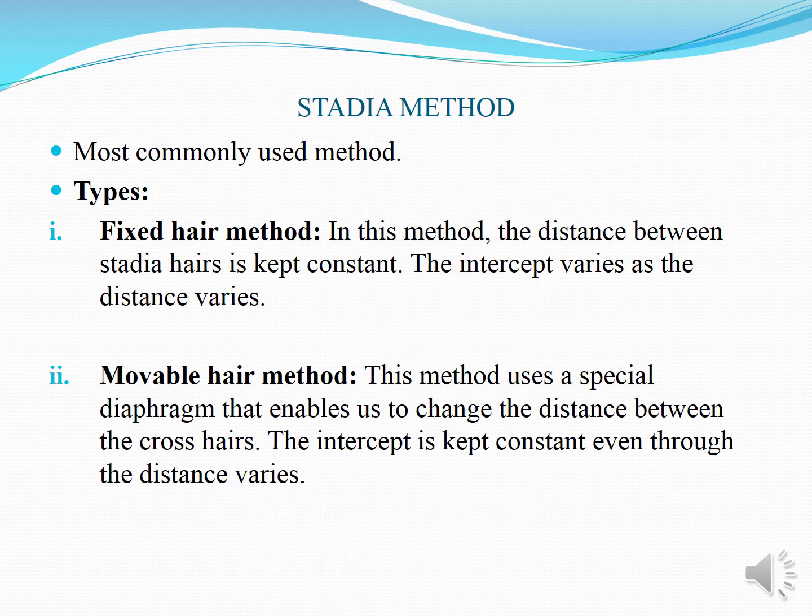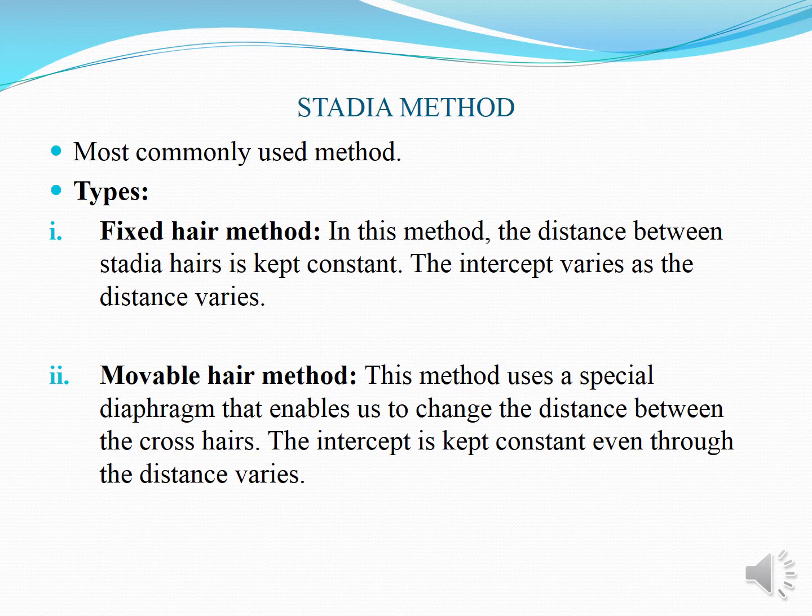First is the stadia method. It is the most commonly used method, and there are two types: fixed hair method and movable hair method. First we see the fixed hair method. In this method, the distance between the stadia hairs is kept constant, and the intercept varies as the distance varies.